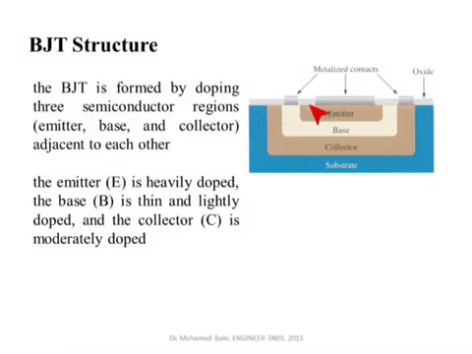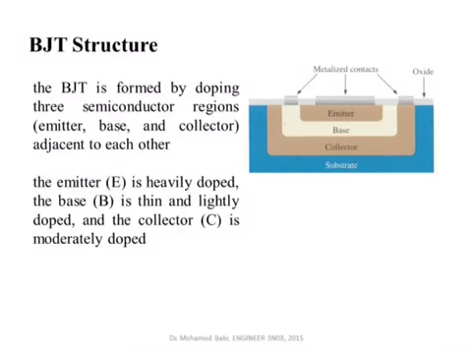The emitter is heavily doped, more than the collector, and the base is a very thin and lightly doped layer. Here it's not really drawn to scale, but the base usually is way thinner than the emitter and the collector, and is lightly doped, and the emitter really is the most highly doped area here.